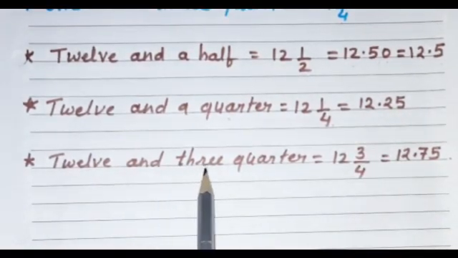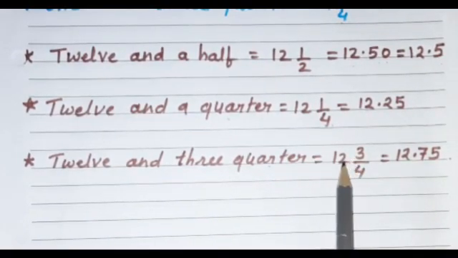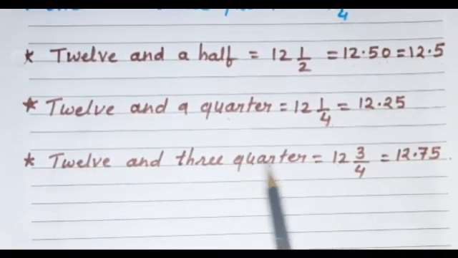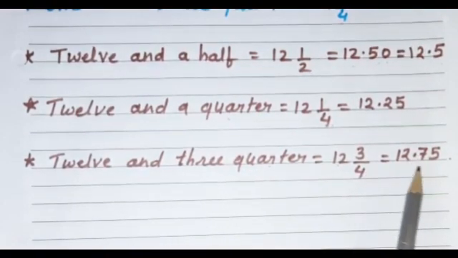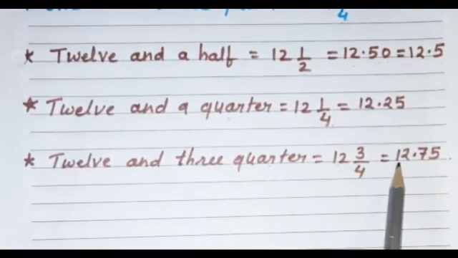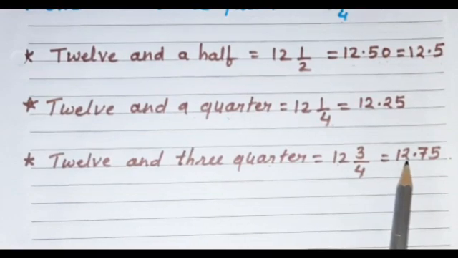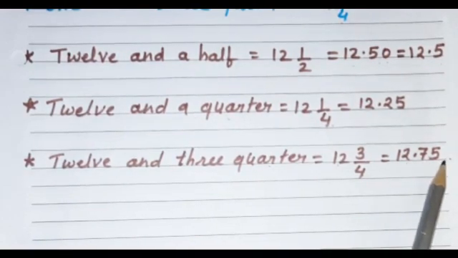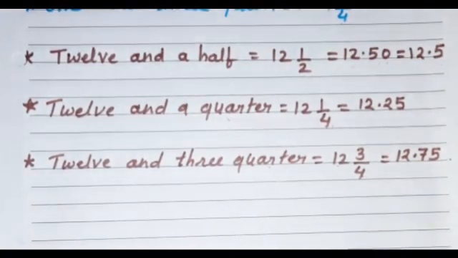Next, 12 and 3 quarters. 12 is written as it is, and 3 quarters means 3 upon 4. So 12 and 3 upon 4 is the fraction. Now write in decimal form. First 12 is written as it is, and 3 upon 4 is equal to 0.75. So the answer is 12.75. 12 and 3 quarters is equal to 12.75.